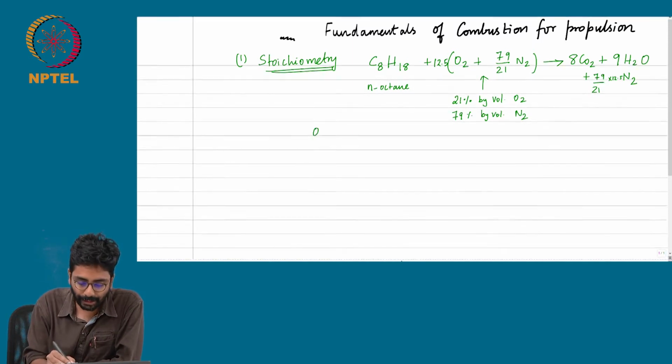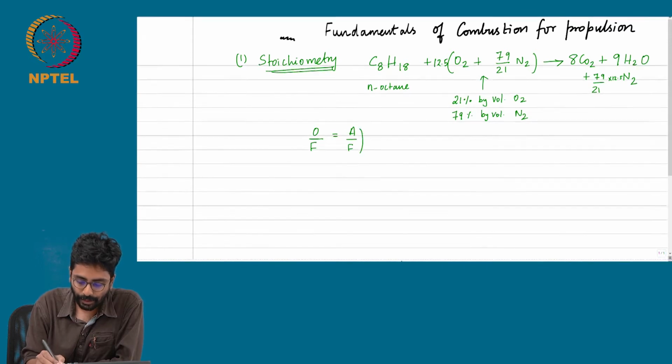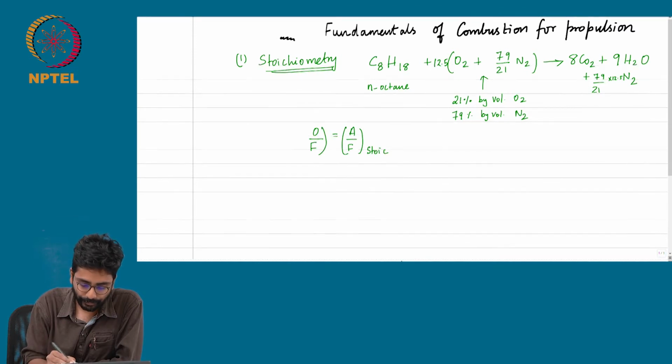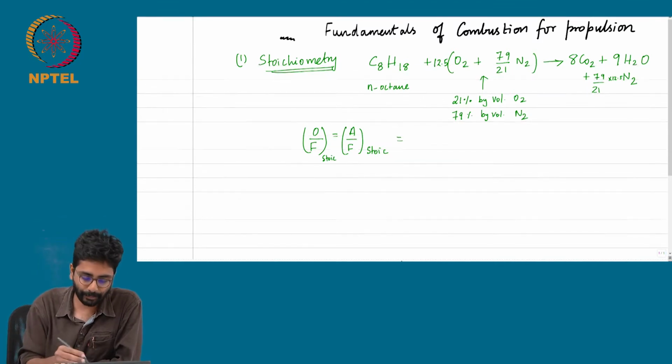With this, now we can calculate the oxidizer to fuel ratio. The oxidizer here being air, this is also the air to fuel ratio for stoichiometry, on a mass basis.